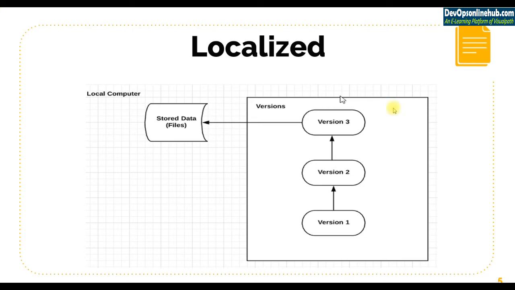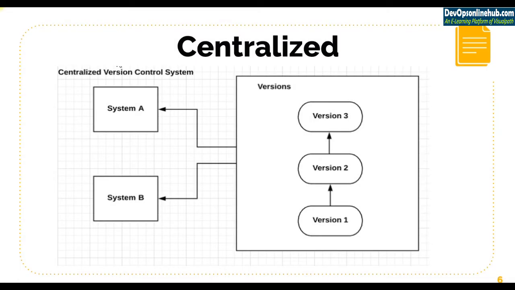Localized is very simple. We have some files and we have multiple versions of that file, and this will be maintained by our localized version control system. But with centralized, the same versioning will be done at the server.